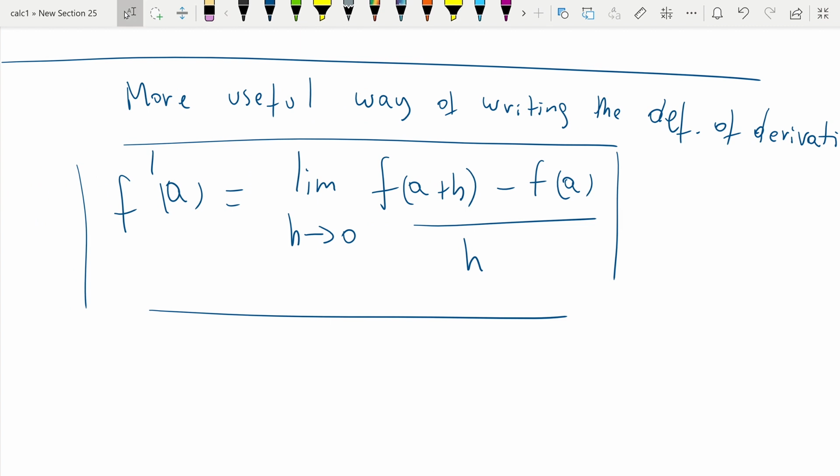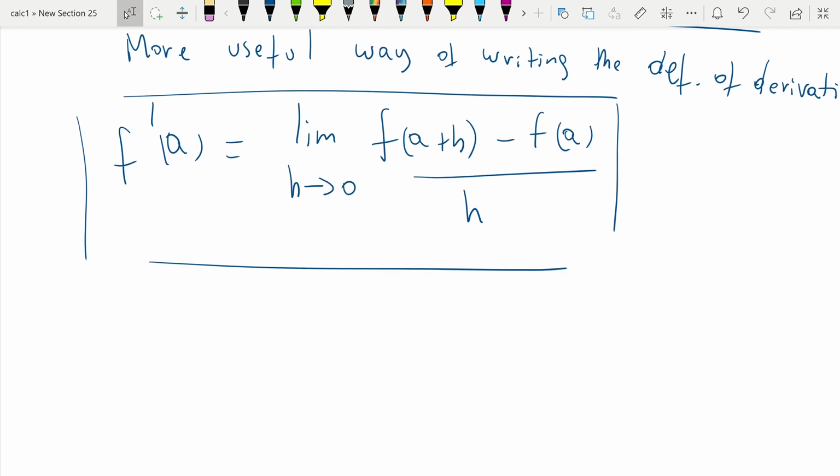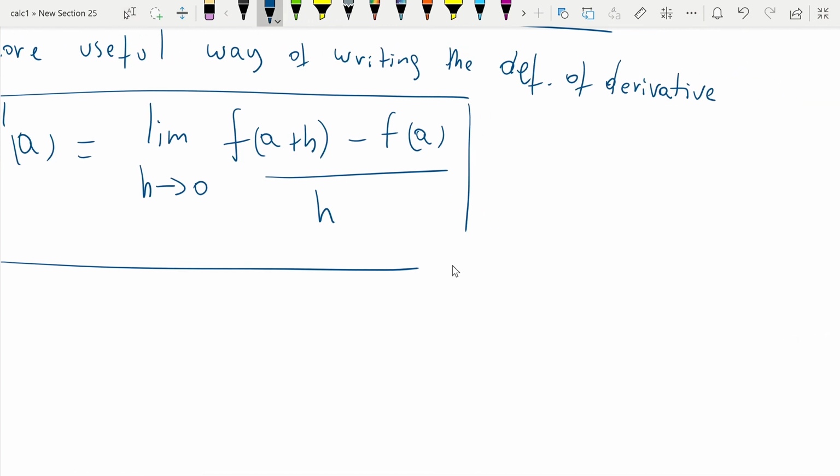It's actually the same if you think about it. If x is approaching a, then that means that x has to be a plus or minus something really small. So some h that is really small, really close to 0. And what is x minus a?